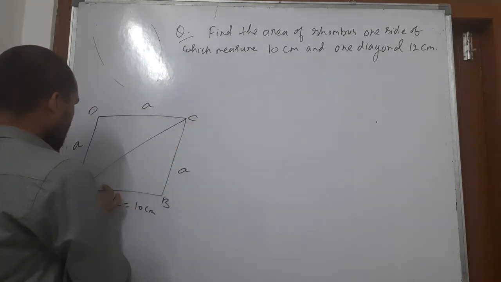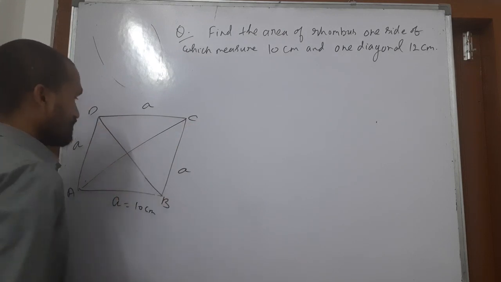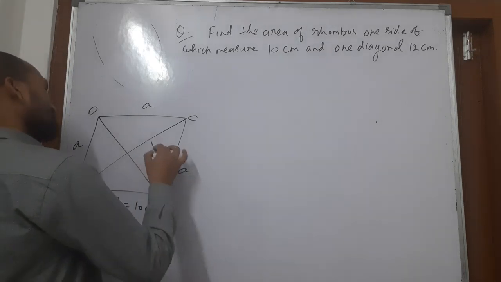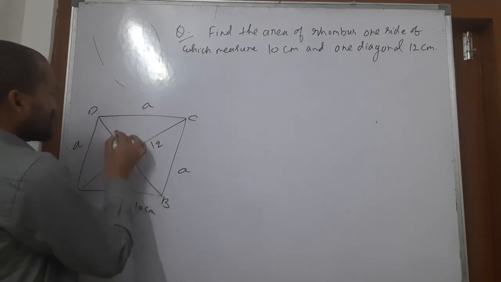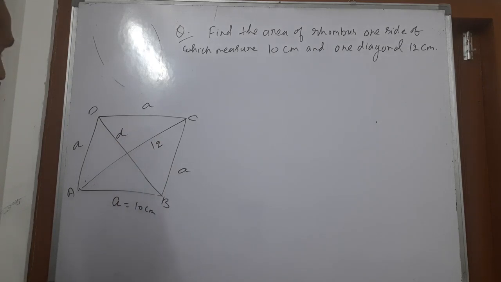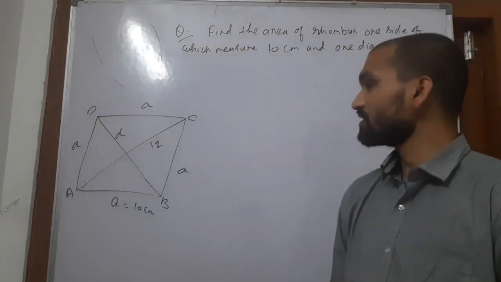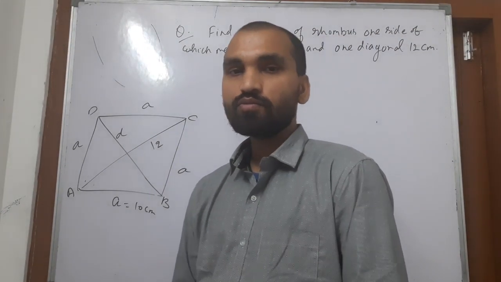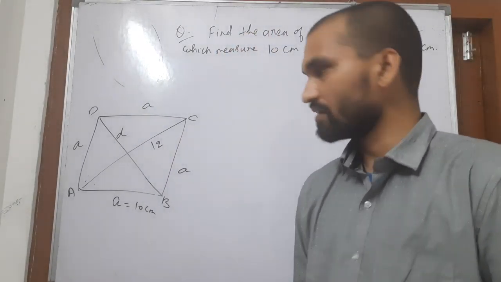So let us draw the diagonals. One diagonal is 12 centimeter, and the other diagonal has length d. As we know, a rhombus is a parallelogram. So according to the property of a parallelogram, the diagonals bisect each other.